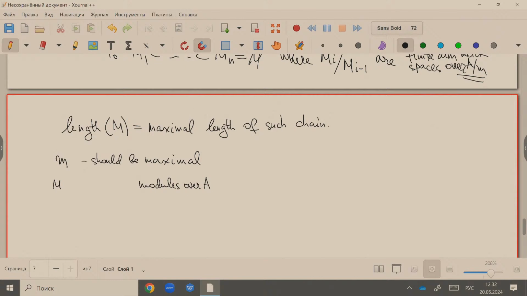Yeah, so that M is simple, M is irreducible, so doesn't contain proper submodules.